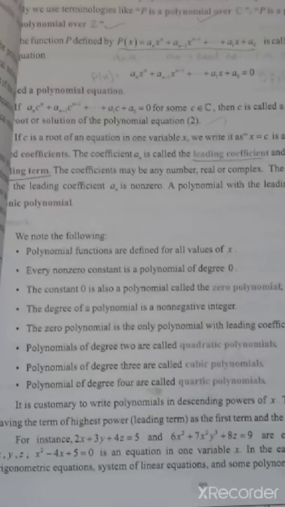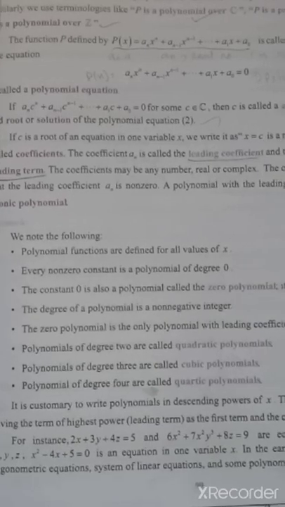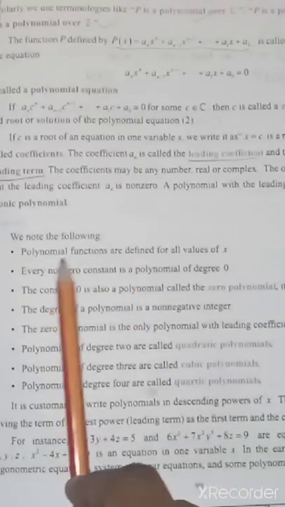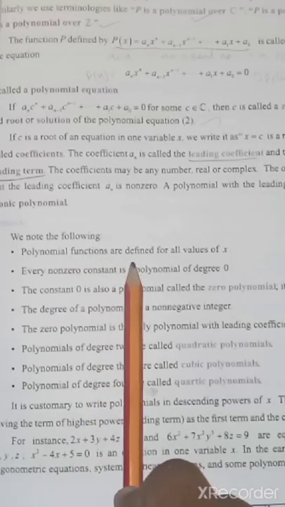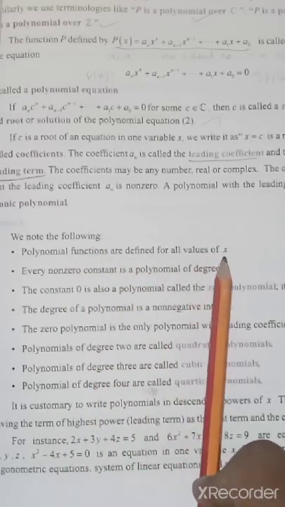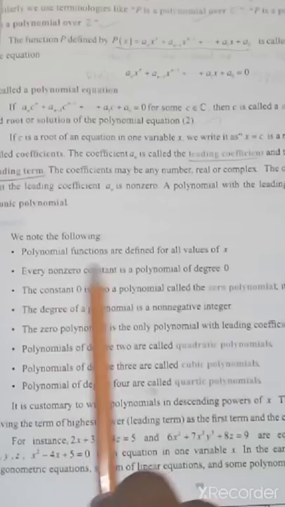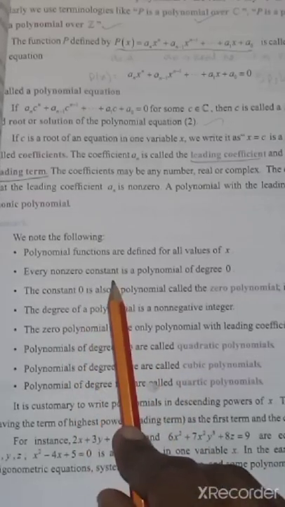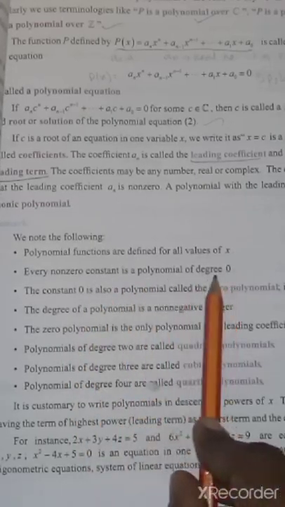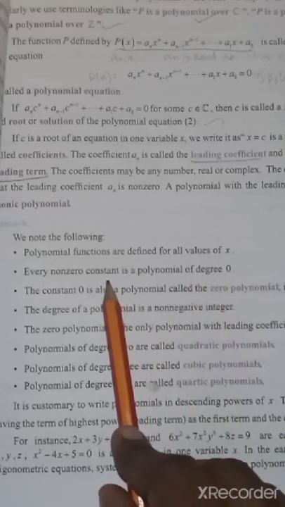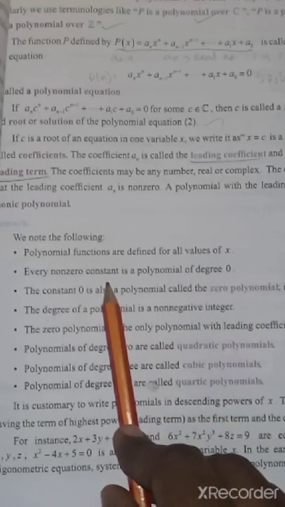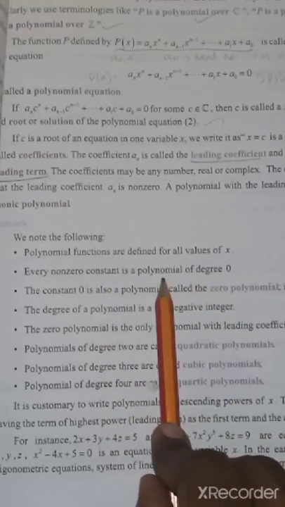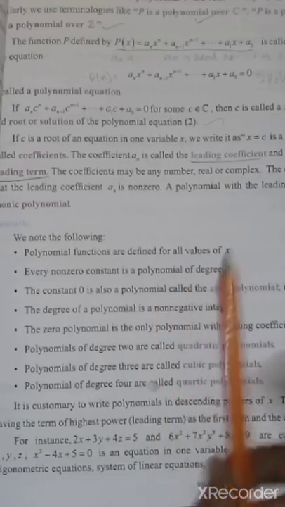Now we can see some results. Okay. First one, polynomial functions are defined for all values of x. So we can find this polynomial function for all values. Your second one is every non-zero constant is a polynomial of degree 0. The constant at the end, that a_0, is also a polynomial of degree 0.